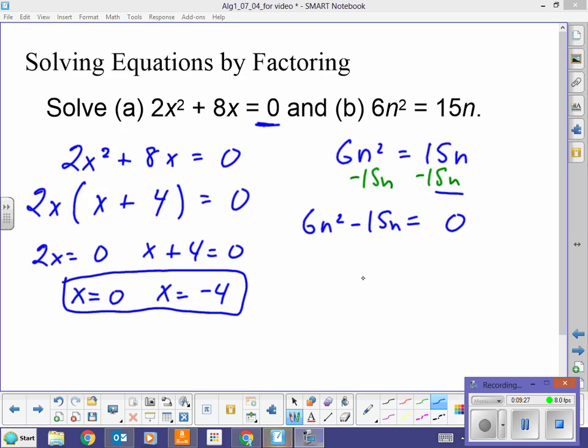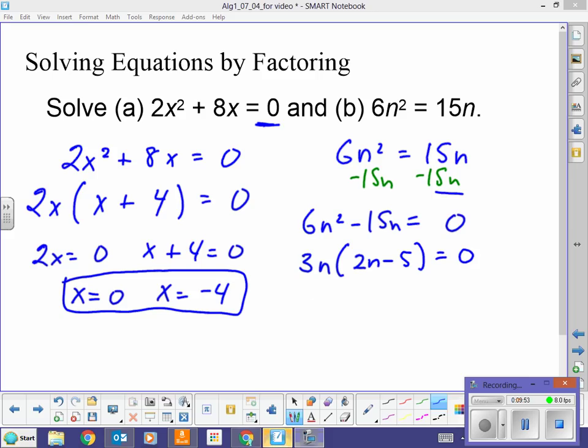Okay, so now my greatest common factor for 6 and 15 is 3. My greatest common factor for n squared and n is n. So that's going to leave 3n times 2n minus 5 equals 0.